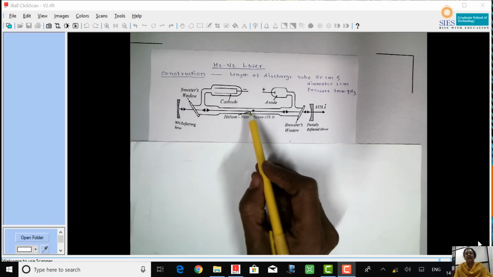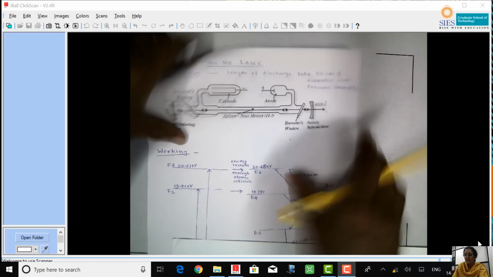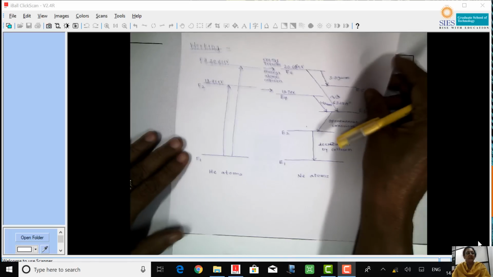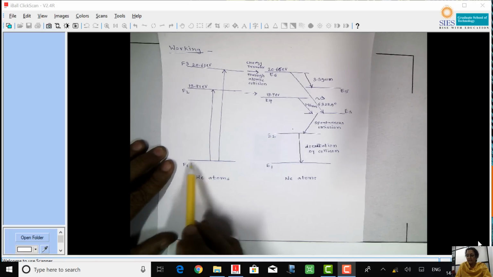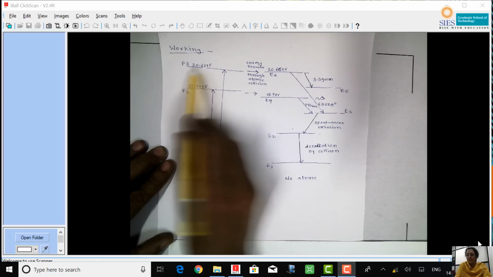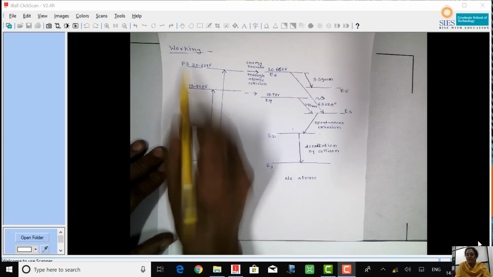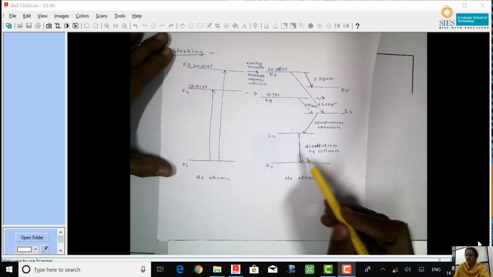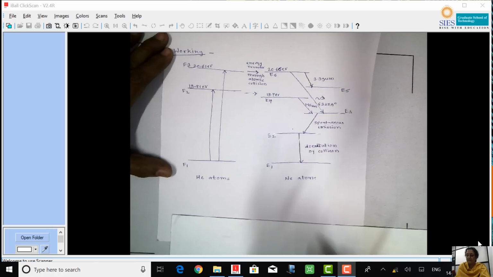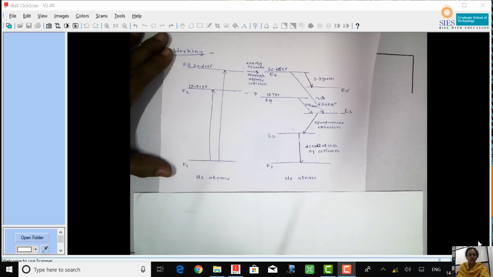Now let us understand the working of this using energy level diagram. So the energy level diagram of helium neon is like this. These are the energy levels for helium atoms: 3 energy levels, F1, F2, F3, and for neon atoms there are actually 6 energy levels, though the type of pumping is 4 level pumping.